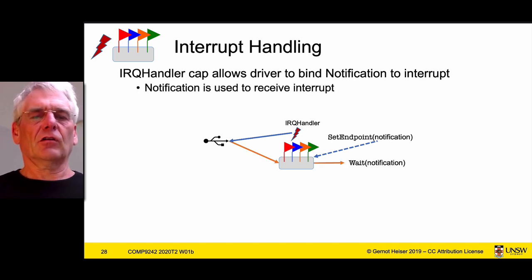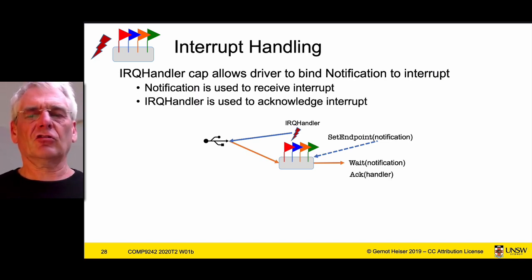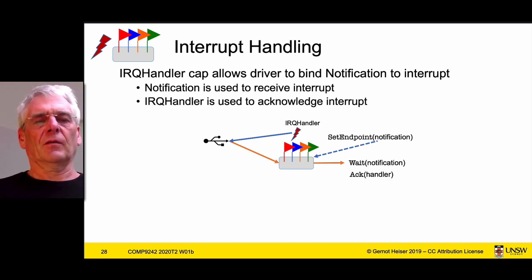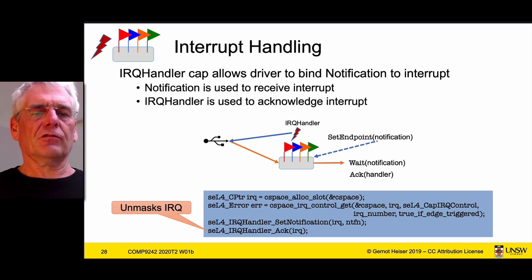So your handler will then perform a wait operation on this notification. When the interrupt gets in, the kernel signals the notification. The interrupt handler does its job handling that, and eventually gets back to acknowledge the interrupt, to tell the kernel to re-enable it and be ready to receive the next one.